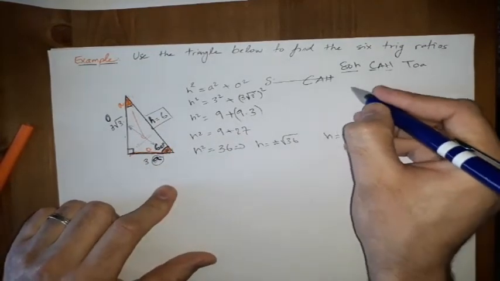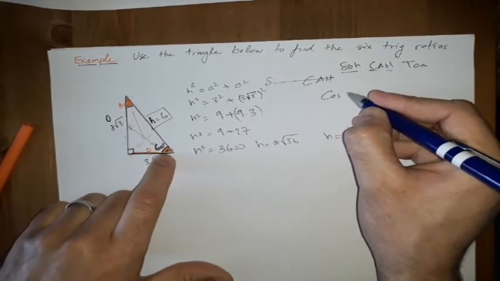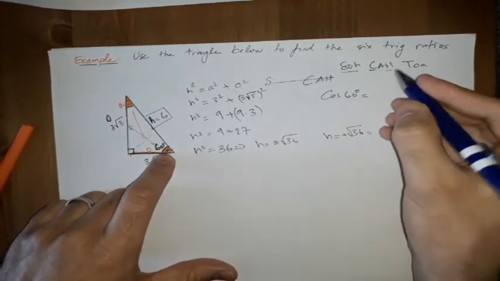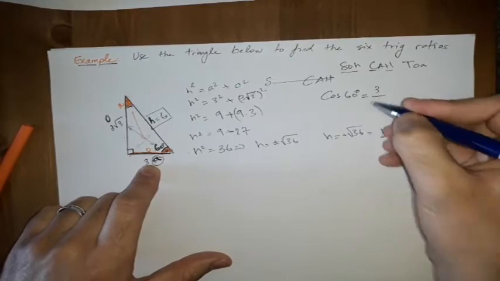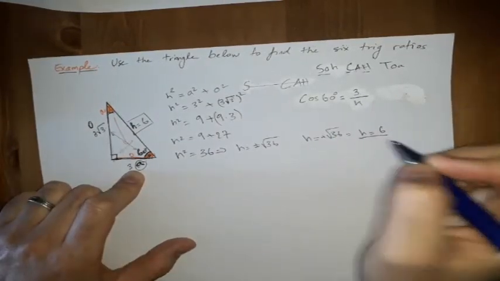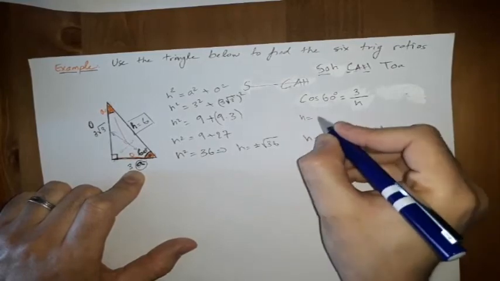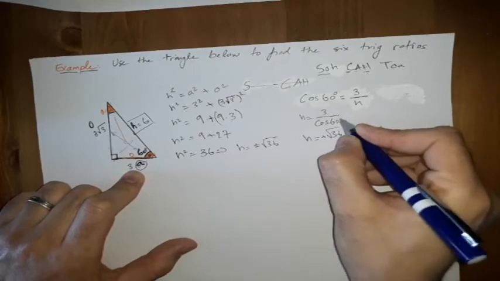All right, so cosine of theta, theta is 60. So cosine of 60 equals adjacent over hypotenuse, so 3 over h. So h equals 3 over cosine of 60 degrees, right?